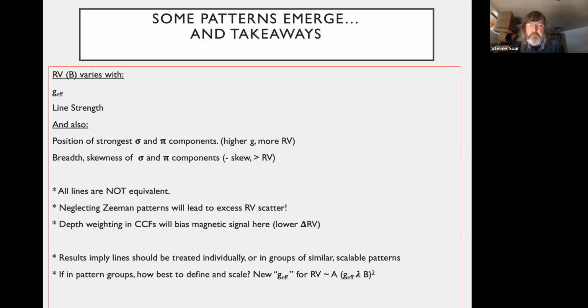But I think doing things line by line or in small groups here is going to really help. I don't know if that actually answers your question.